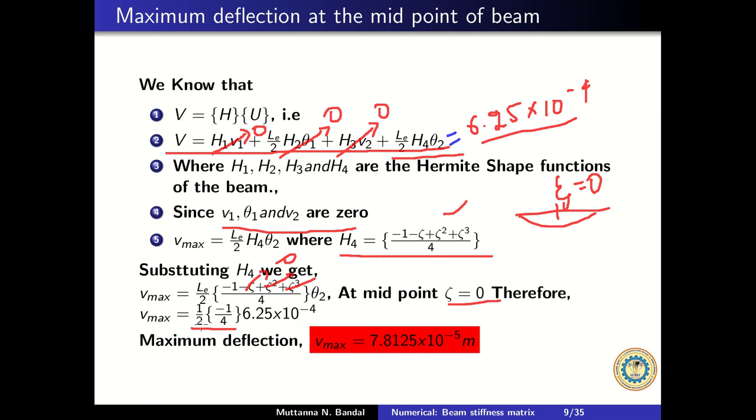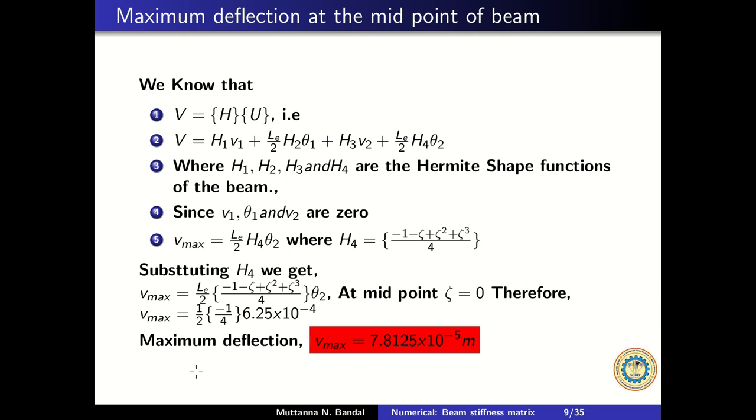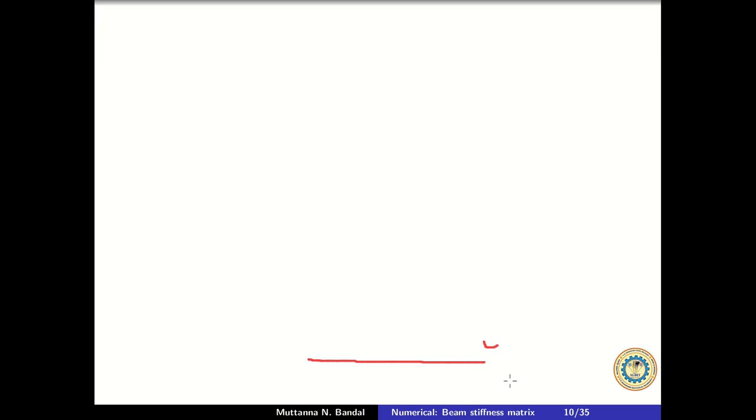So 1 by 2 into minus 1 by 4 into 6.25 into 10 raised to minus 4. So upon simplification, I get the maximum displacement at the center of the beam, which is given by 7.8125 into 10 raised to minus 5 meters. So with this, we complete problem 1.